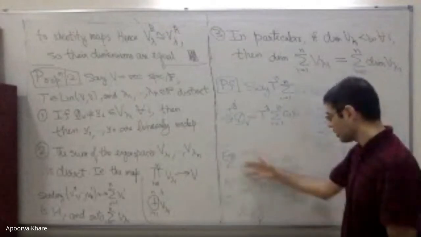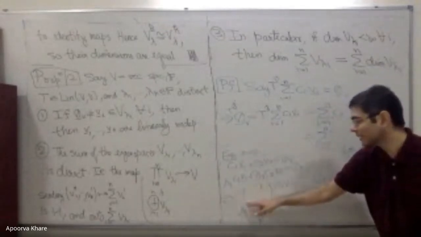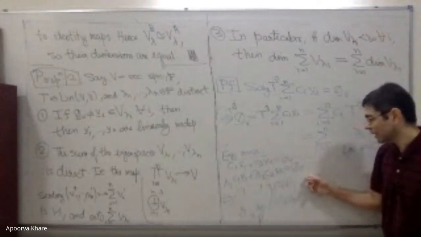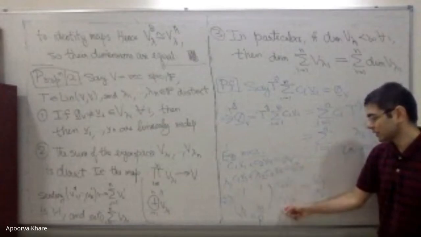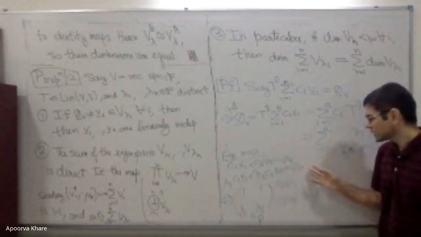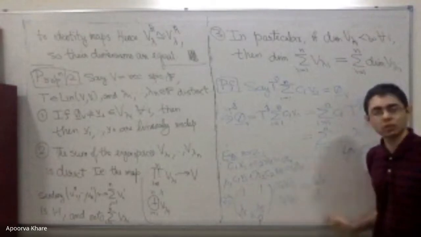I get the identity times C1 V1, C2 V2 equals 0, 0. So C1 V1 is 0 and C2 V2 is 0.